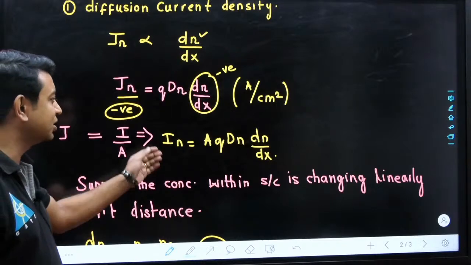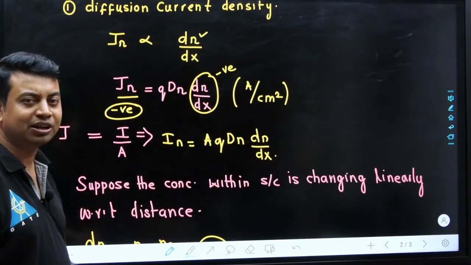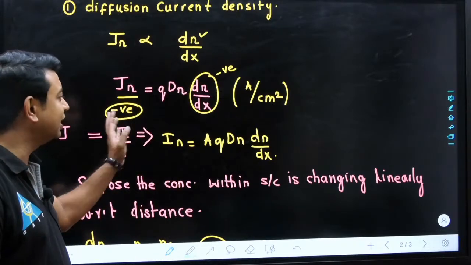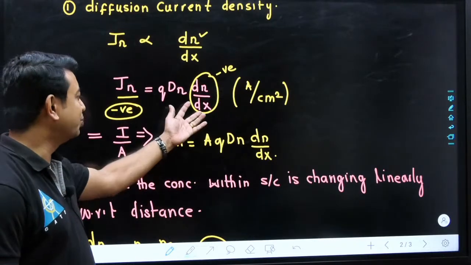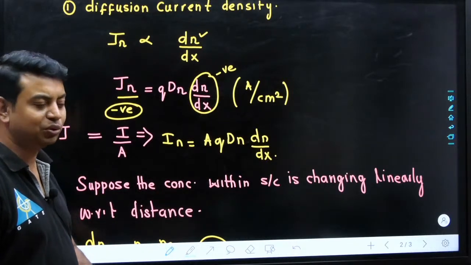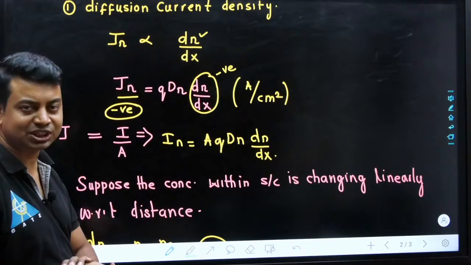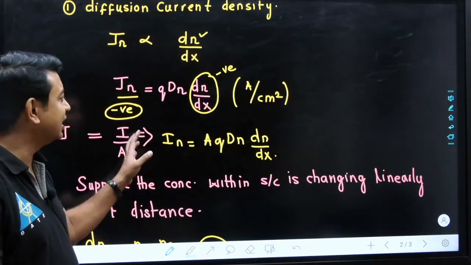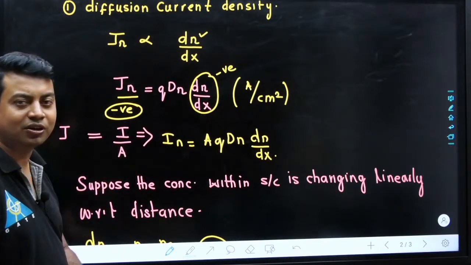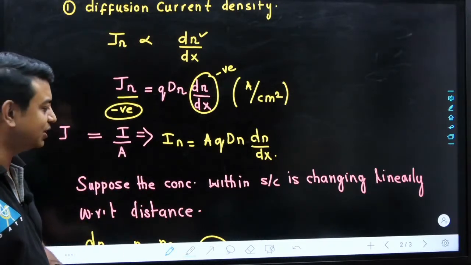So, in this equation we do not have to put any negative sign explicitly, because if you expand dn by dx, then definitely we have a negative sign. We do not have to add any extra negative sign in this expression to get a negative current or negative current density. So, very easy to understand.